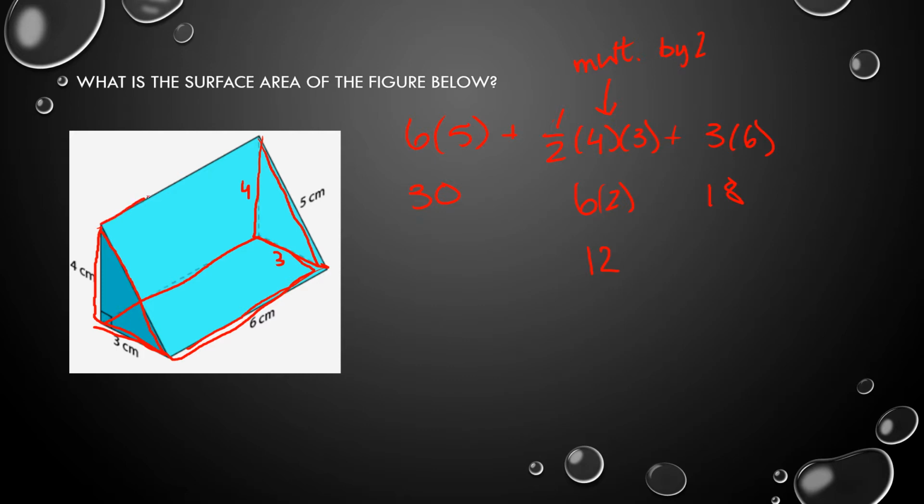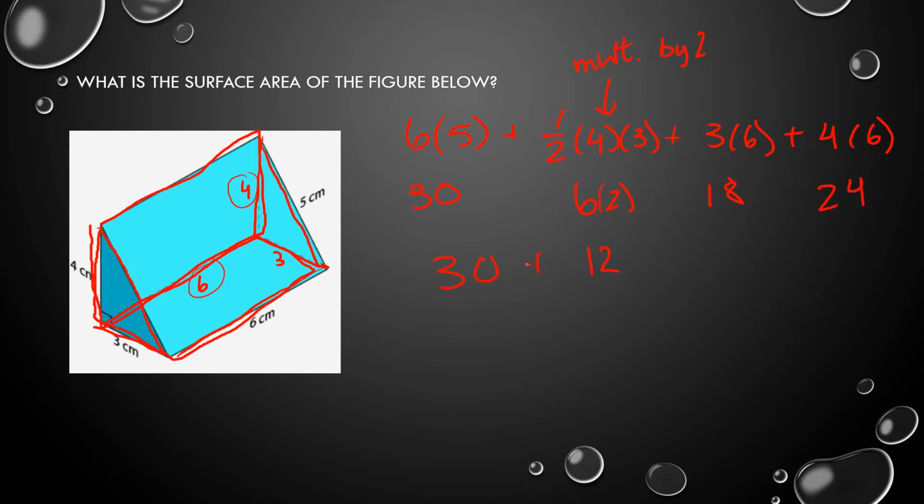And then the very last side of this triangular prism is this back box, right? My back rectangle. Now if this front side here is 6, that means this back side is 6, and I have a height of 4, here's my 4, and a width of 6. So the very last area I'd need to add together is 4 times 6, which would give me 24.